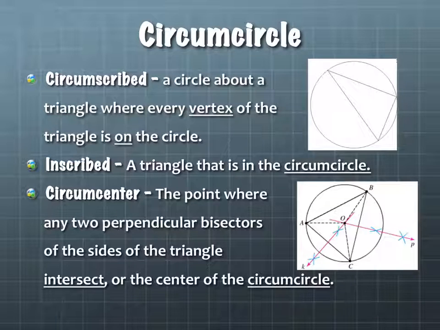We will create a construction for this, but I don't think it's today. I could be wrong. But before this chapter's over, there is a construction for creating this circumcircle. It's based on the fact that you're looking at perpendicular bisectors.